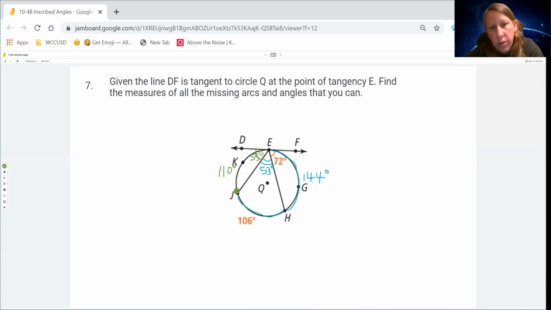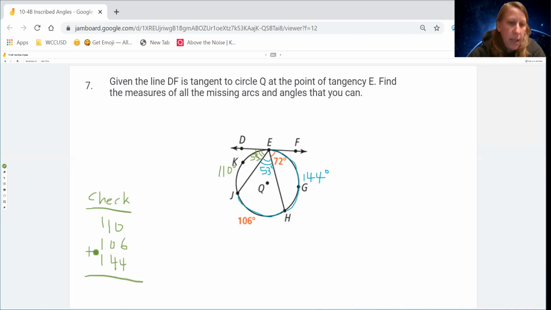Well, I can add 110, 106, and 144, and it better add up to, I'm going to do a little check over here. 110 plus 106 plus 144. Hey, 360. That's a good thing, because that's all the way around a circle. It has to be 360.